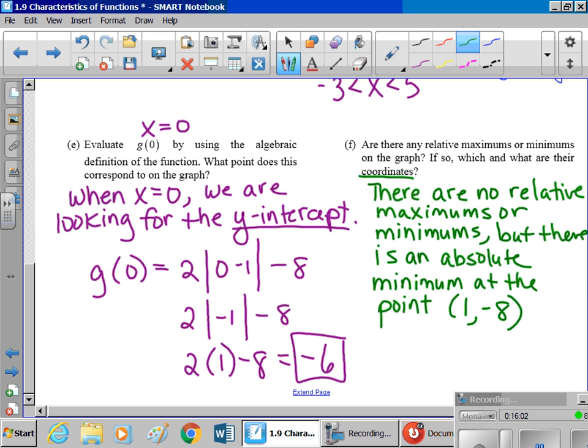I think that's a great way to answer this question. You're actually giving them more information than they want, but it's right information, so you're okay.